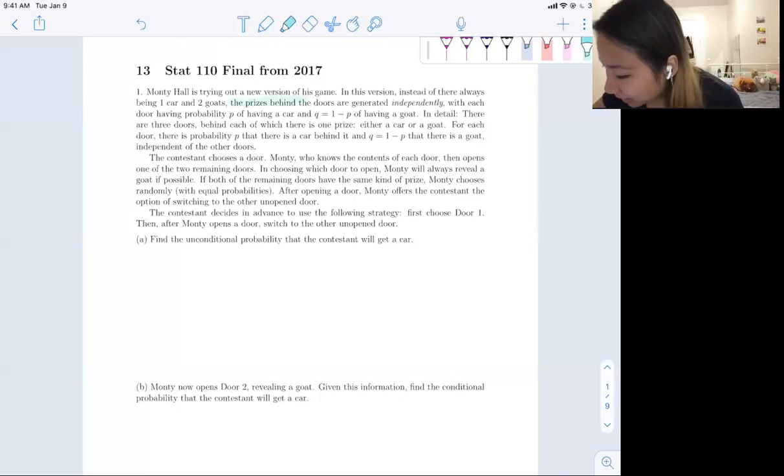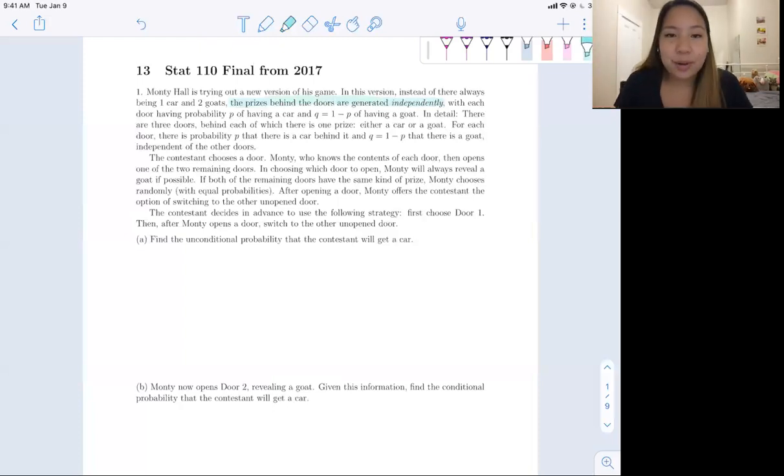The prizes behind each door are generated independently, with each door having a probability P of having a car and Q, which is 1 minus P, of having a goat. In detail, there are 3 doors, behind each of which there is 1 prize, either a car or goat. For each door, there is a probability P that there is a car behind it, and Q equals 1 minus P that there is a goat, independent of the other doors.